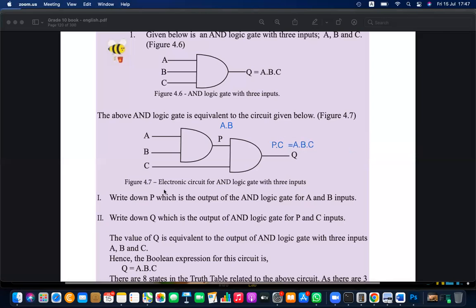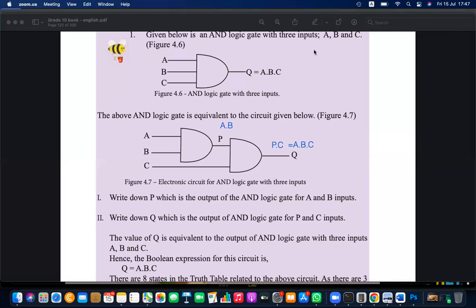P here, C here. P means A and B, so P and C means A and B and C. Therefore, similar output can be taken using two input gates. Okay, that is the AND gate behavior.